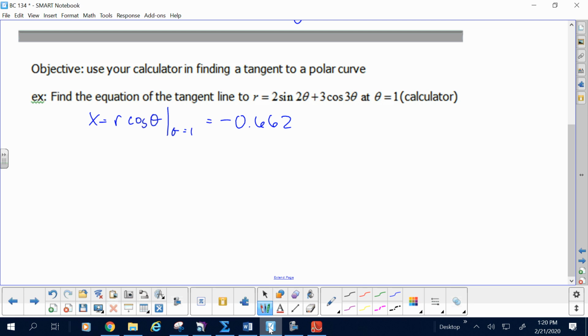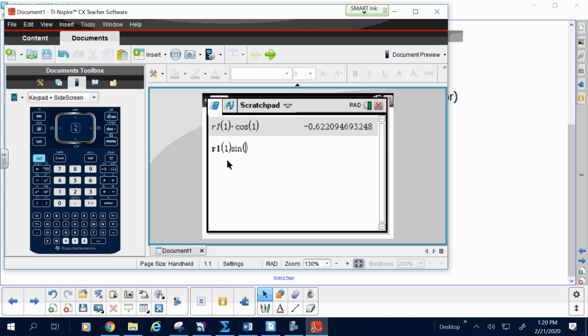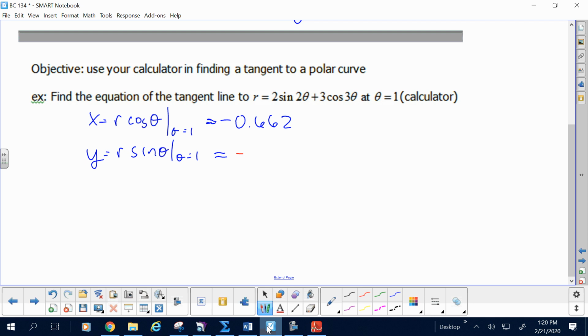All right, find the y then in very much the same fashion, but with sine. I got negative 0.968, or 969 if you like. All right, so we have our points, and we're ready to go on to the next thing.